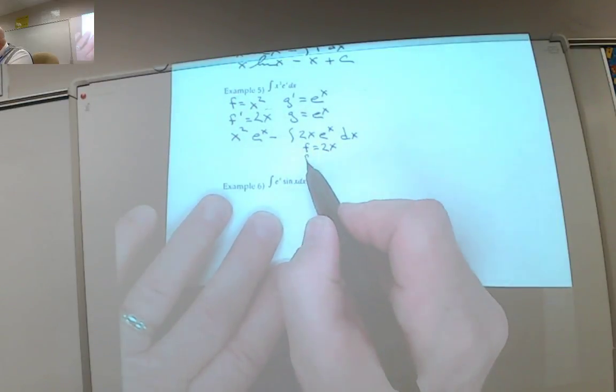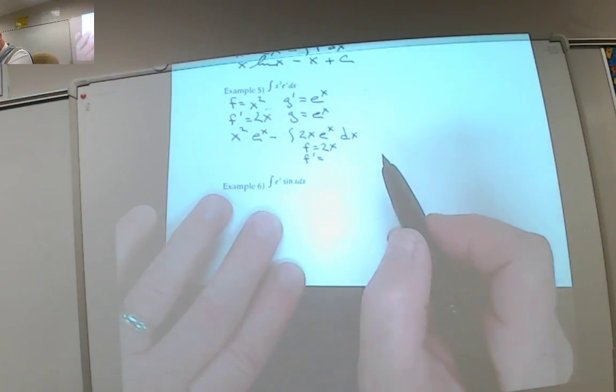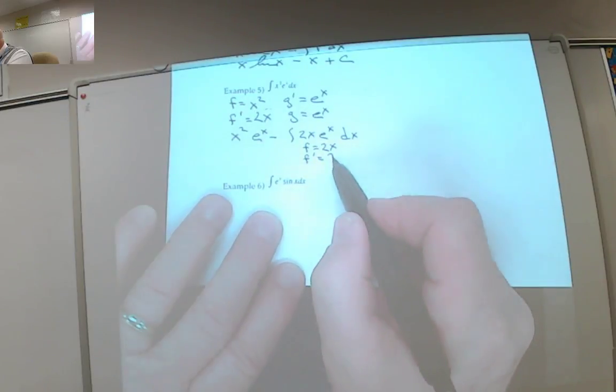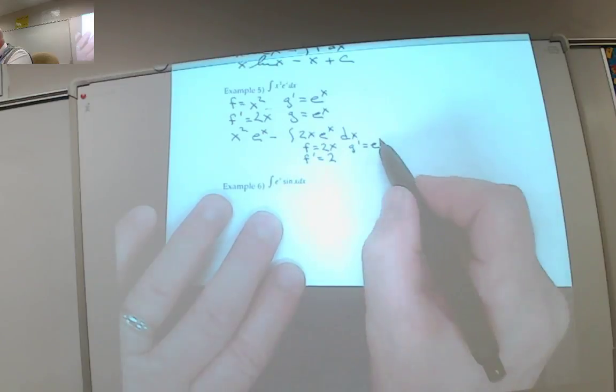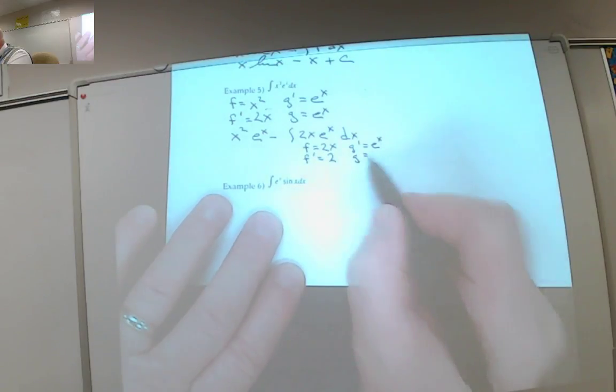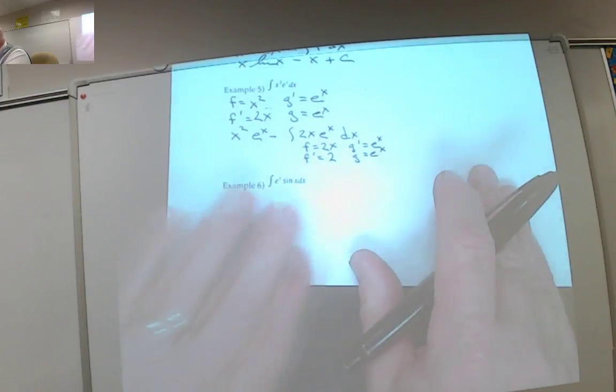And f prime will be what? 2. And so g prime is equal to e to the x. G is going to be what? E to the x. So I'm going to write it up here.